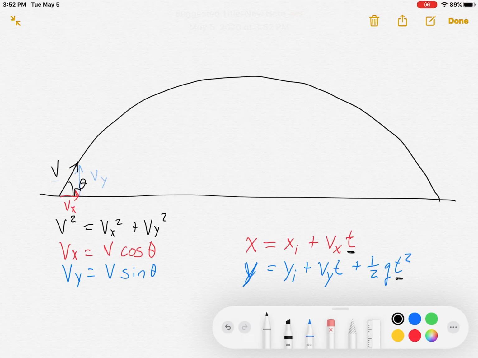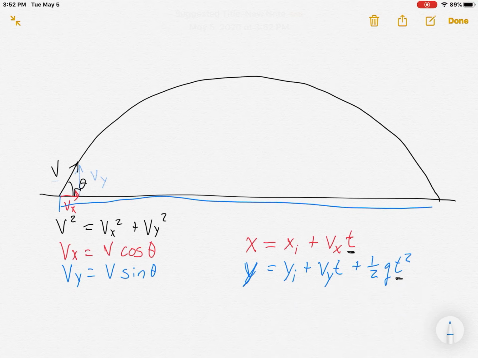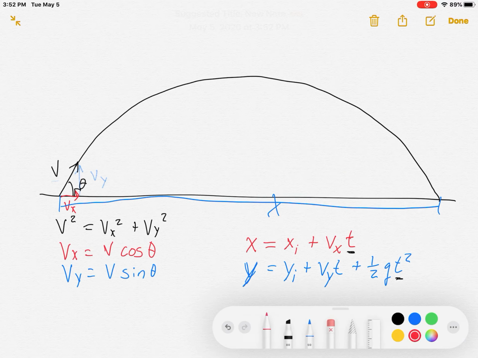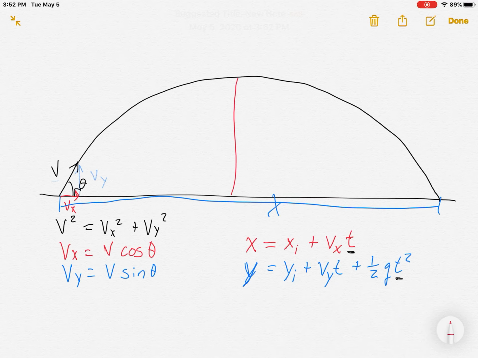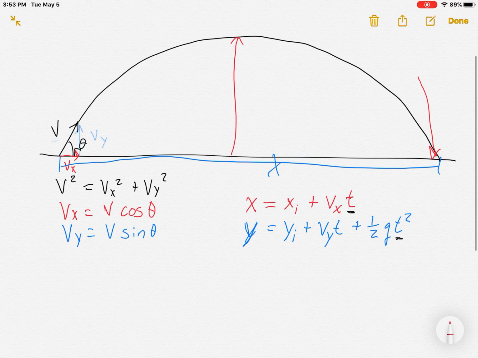In other words, the same amount of time it takes this object to travel this distance x is the same amount of time it takes to go all the way up to the highest point and then all the way back down to the lowest point back here. Those times are exactly the same, which makes sense when you consider it starts and stops at the same time.